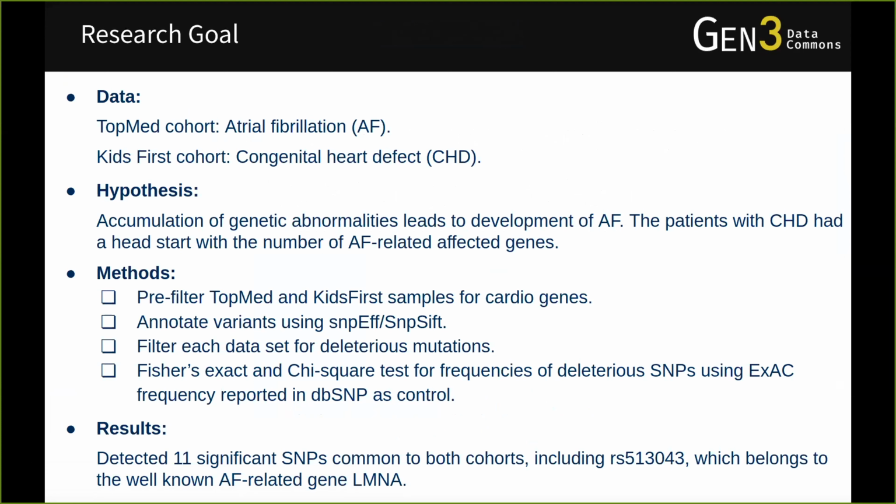The idea was that atrial fibrillation has been shown to have some genetic background, and nobody knows what it is. People try to figure out what genes are involved in the condition.